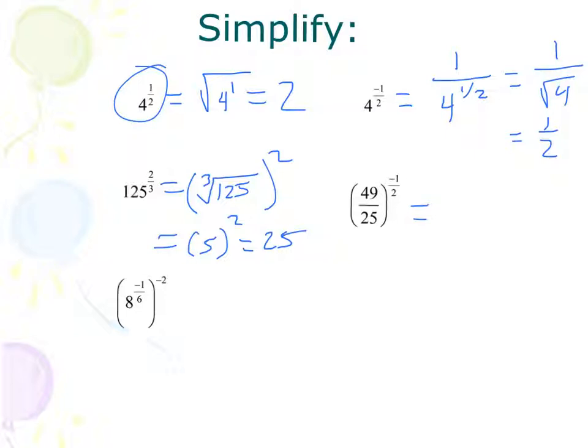Again, just like in learning target 1, if we have a fraction like this, we could certainly go ahead and apply the exponent to both components of the fraction. Now notice here, I left something out.